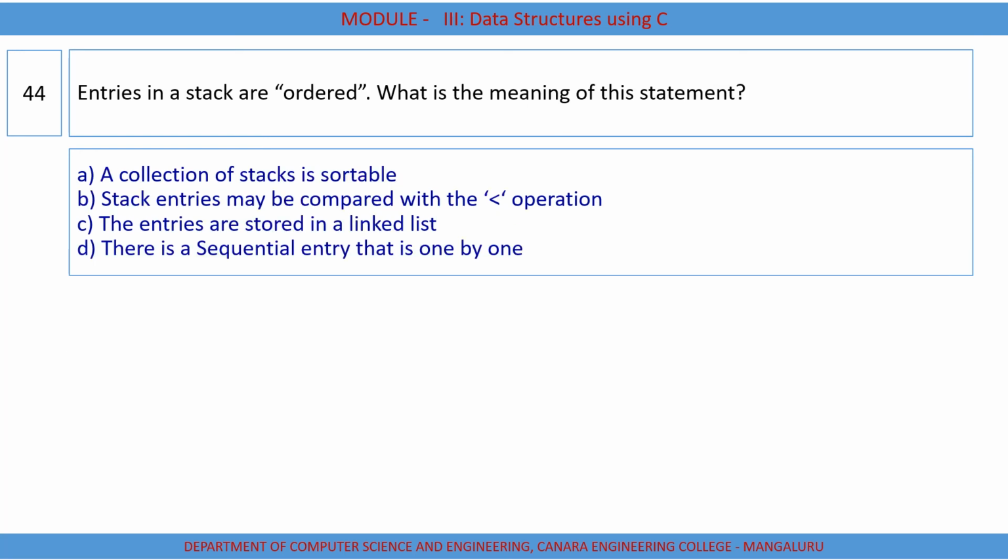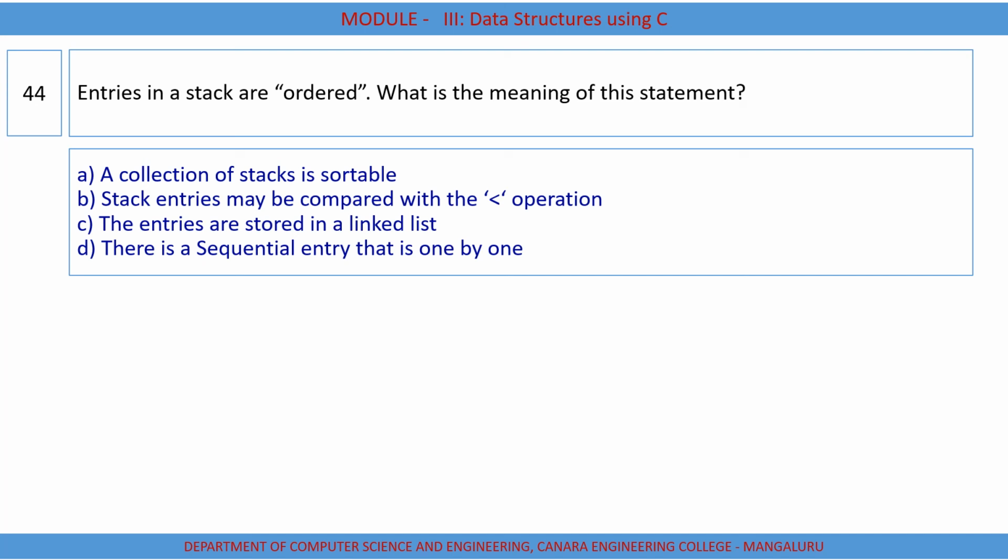Entries in a stack are ordered. What is the meaning of this statement? There are four options; which is the correct answer? One, a collection of stack is sortable. Two, stack entries may be compared with the lesser operation.